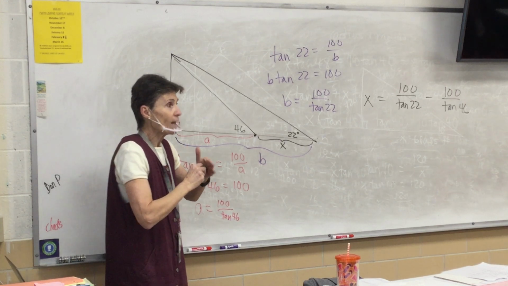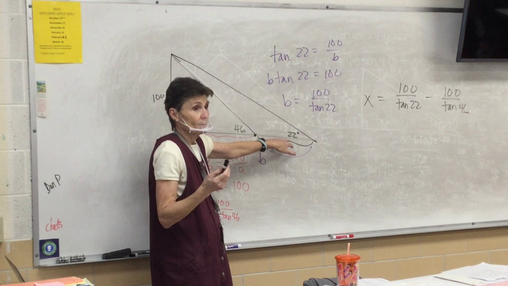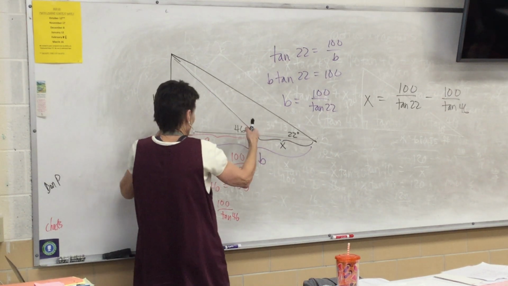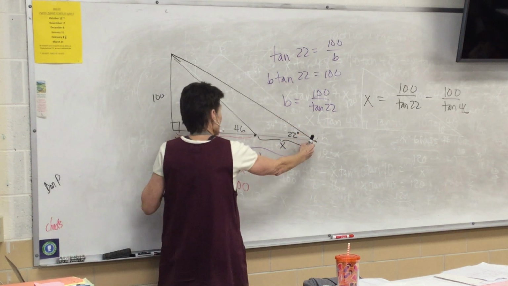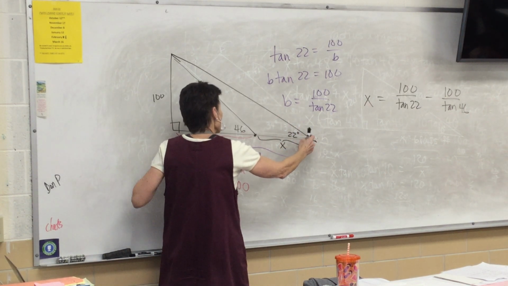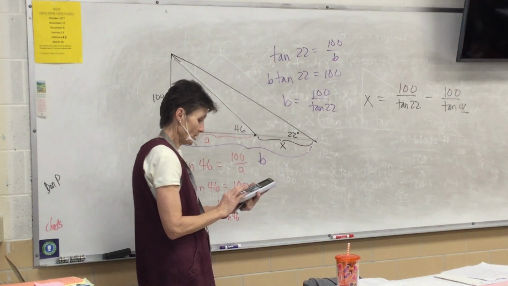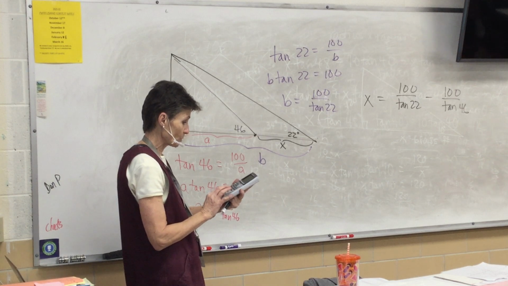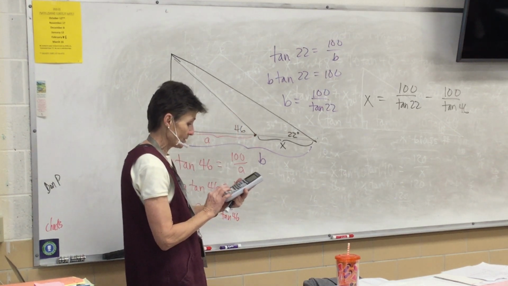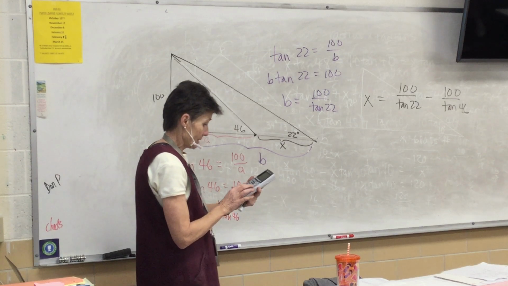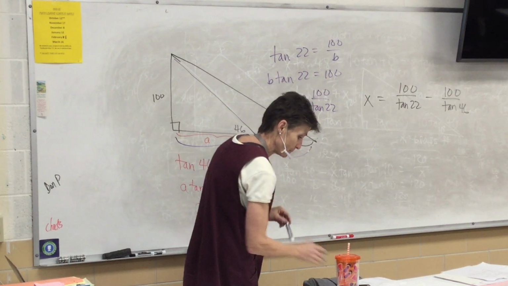So instead of finding what I really wanted, I found the base of the little right triangle and the base of the big right triangle, and then I'll just subtract them to get the piece I need. So 100 divided by tan 22, do not forget to close those parentheses, minus 100 divided by tan 46. Did you get 150.94?